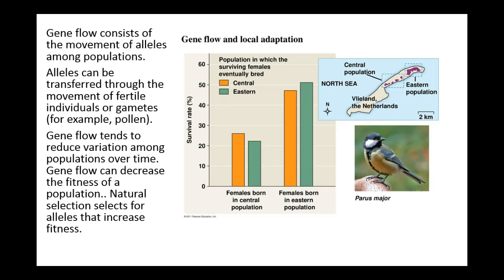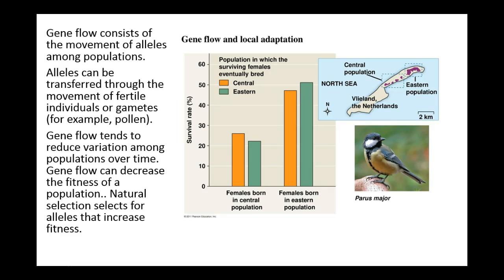Gene flow, we talked about this a little bit, is the movement of alleles among populations. This can be a good or bad thing. As I said, it tends to reduce variation among populations. And anytime you have a reduction of variation, you reduce the gene fitness, so the fitness for the environment.